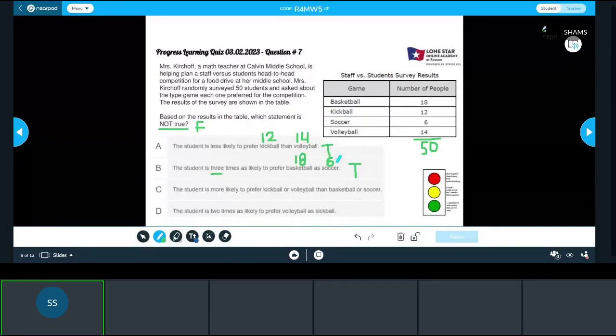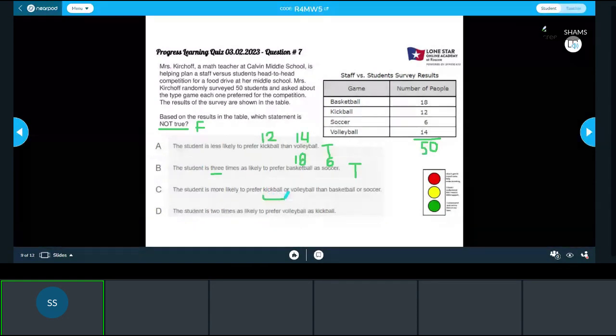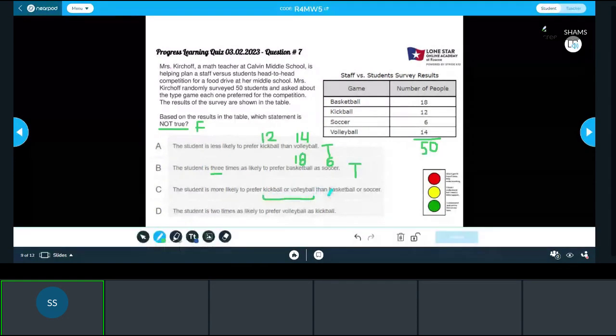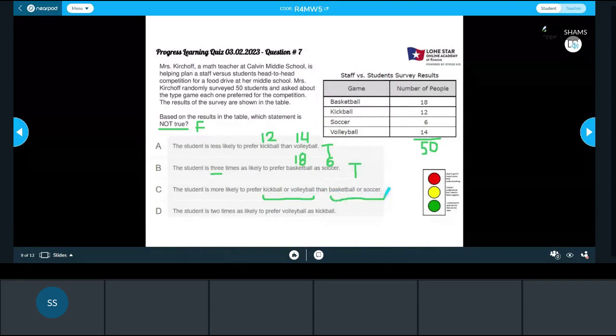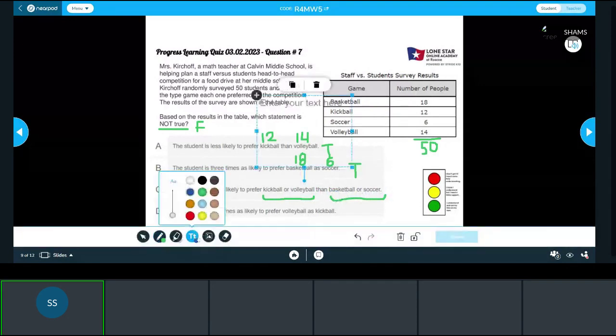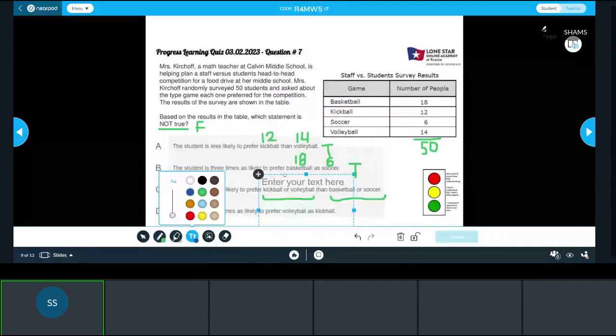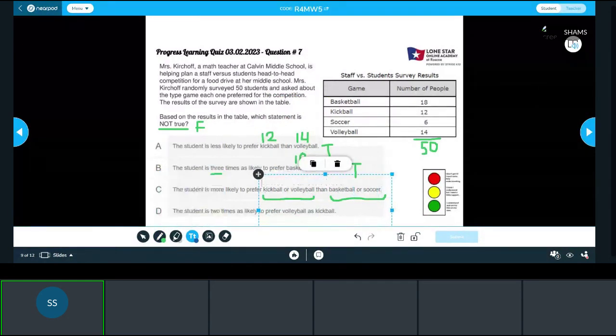True. C. A student is more likely to prefer kickball or volleyball than basketball or soccer. We will add, right? Let's check this one out. So kickball or volleyball. Kickball is 12, volleyball is 14.